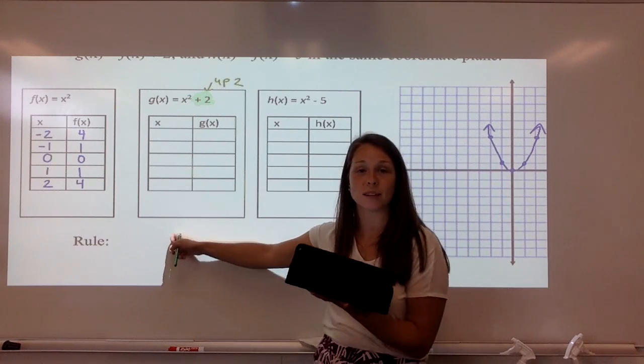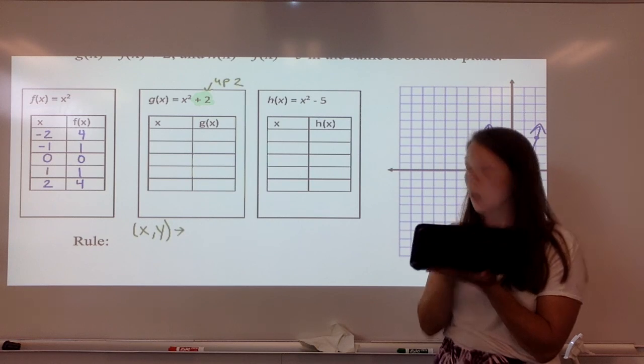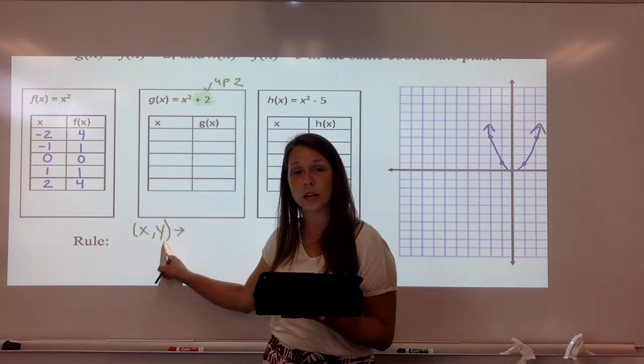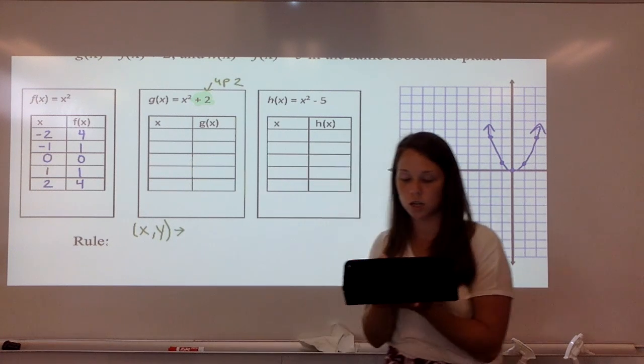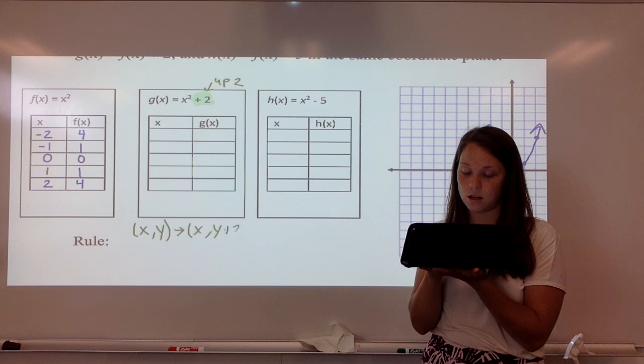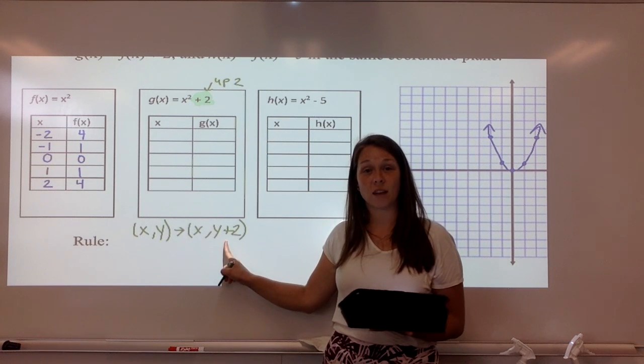So let's get some practice on writing the rule. The rule, x comma y, the original parent coordinates are going to change by adding 2 to your y values.